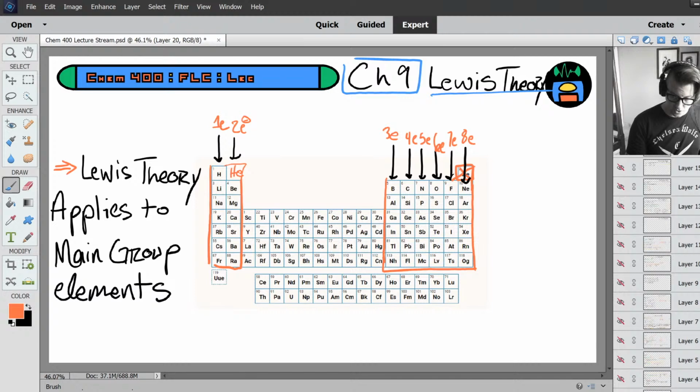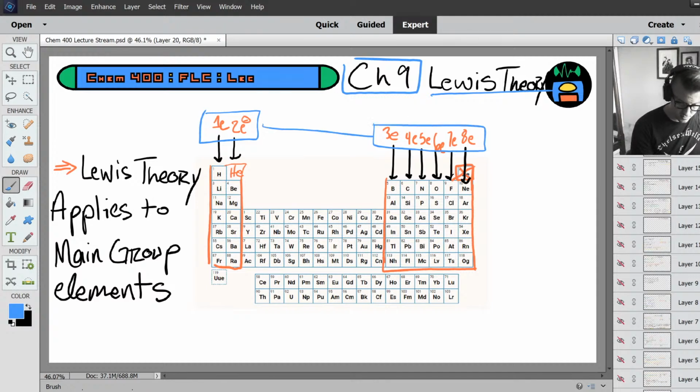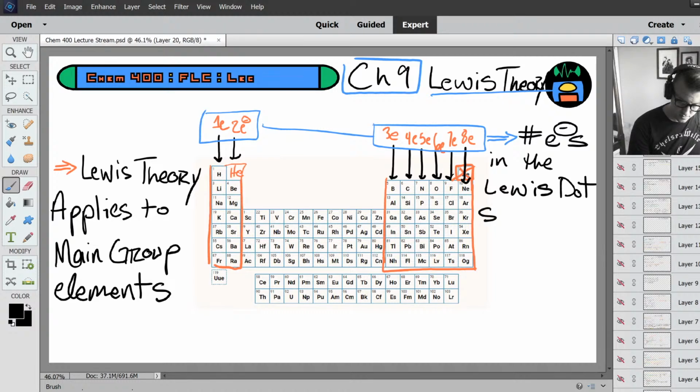All right. These are the number of electrons in the Lewis dot structure for an atom.